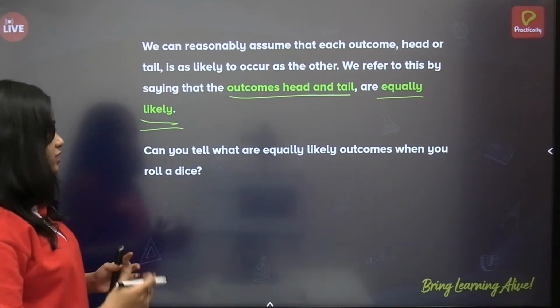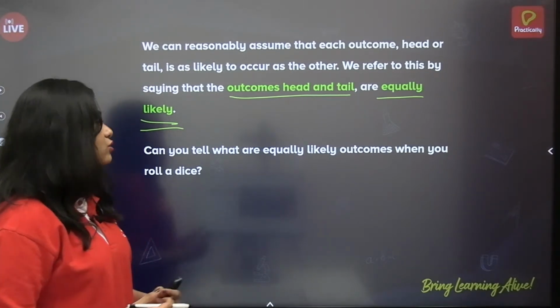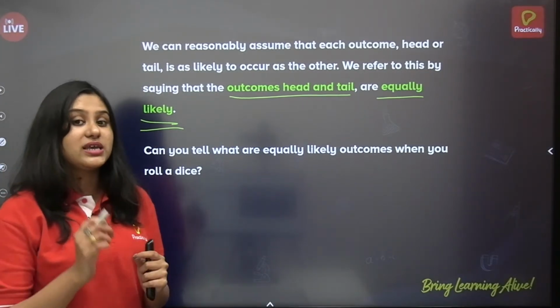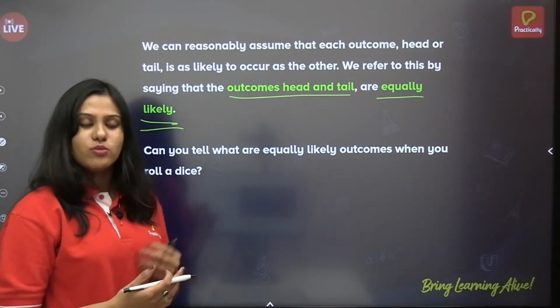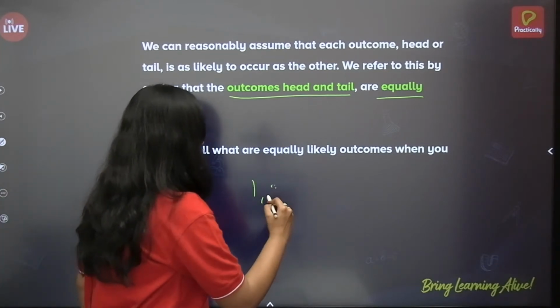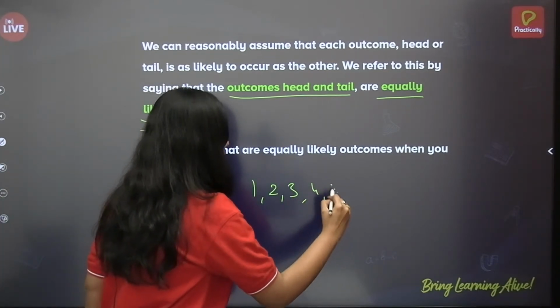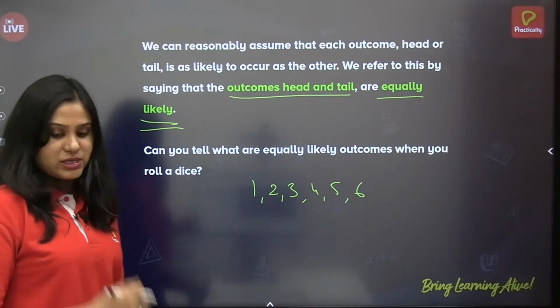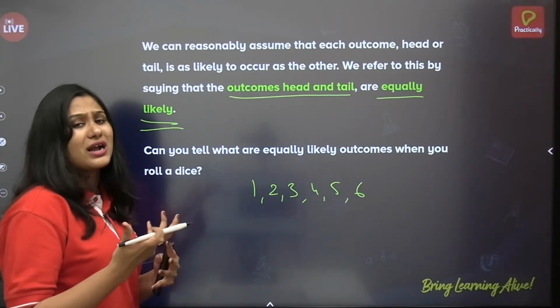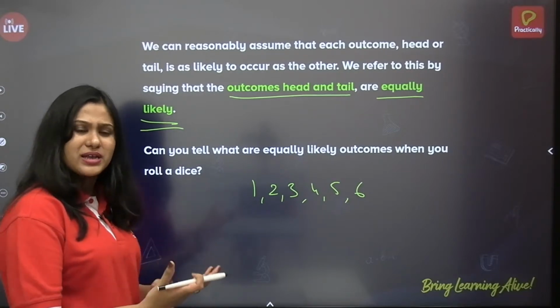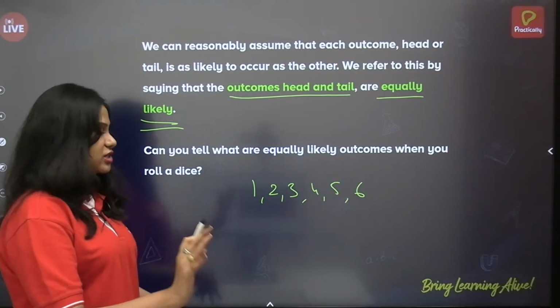Now, can you tell what are the equally likely outcomes when you roll a dice? When I'm saying equally likely outcomes, does the answer change? No, the equally likely outcomes are 1, 2, 3, 4, 5, 6. Why? Let me tell you. If I'm rolling a dice, I would really want it to land up on 6, because when you're playing something there is some extra chance, correct?